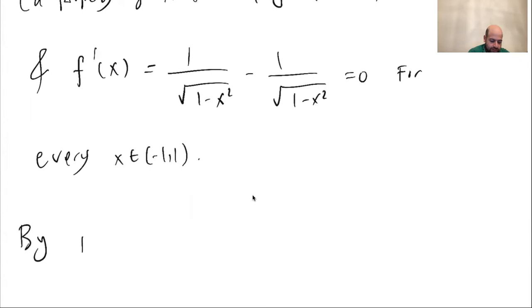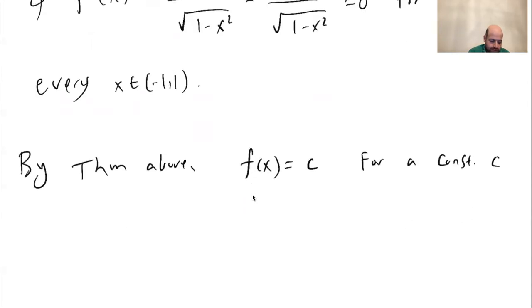So by the theorem above, F of X equals C for a constant C and for every X between minus 1 and 1.